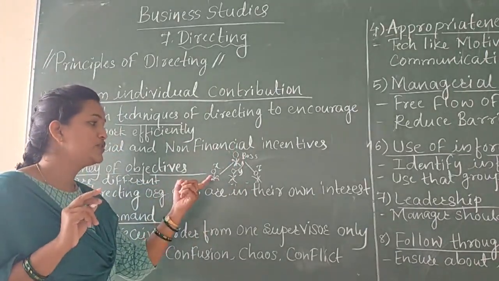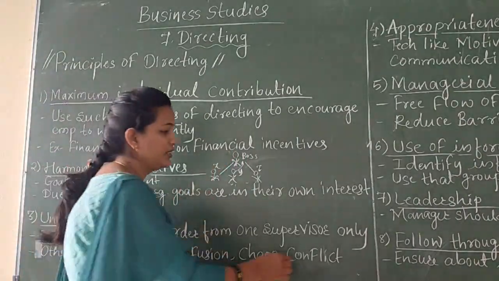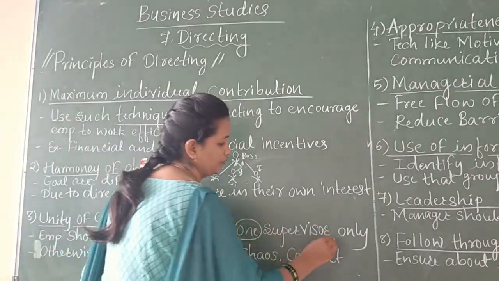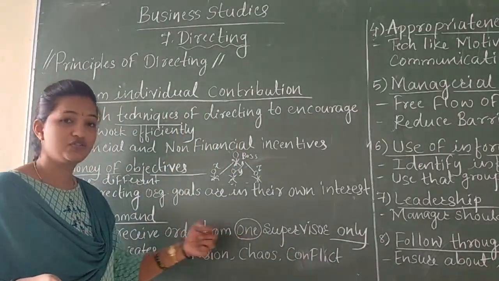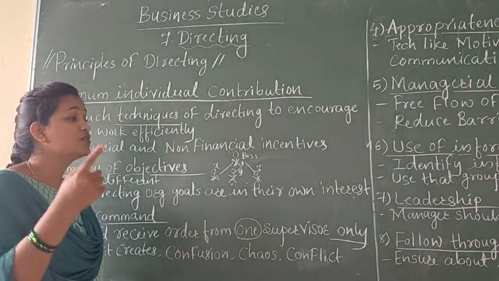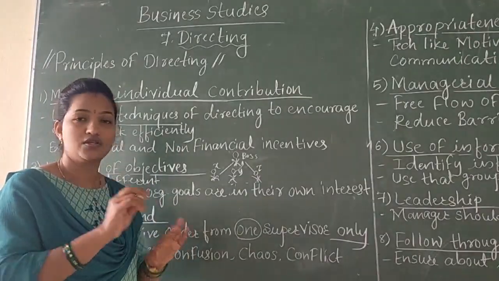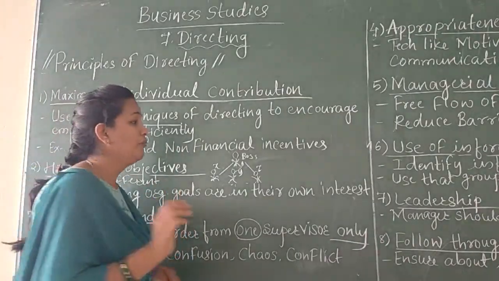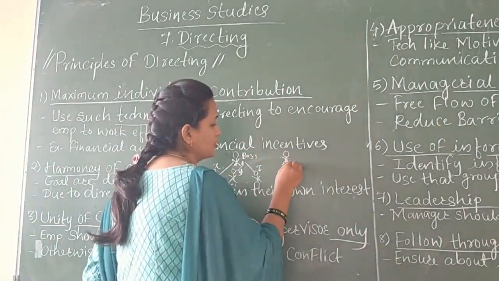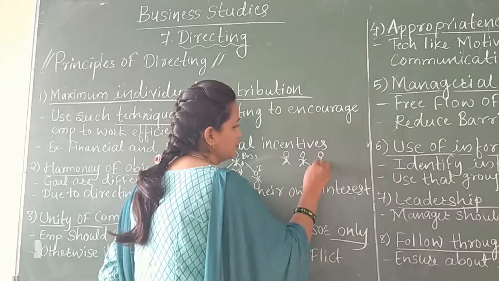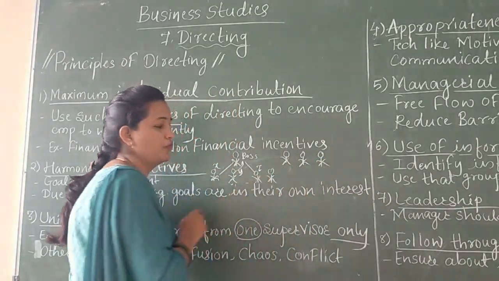It means employees should receive orders from a single boss only, one supervisor only. Supervisor means boss. If for n number of people there is one boss, no problem. But suppose the bosses are more. This is also a boss, this is also a boss.